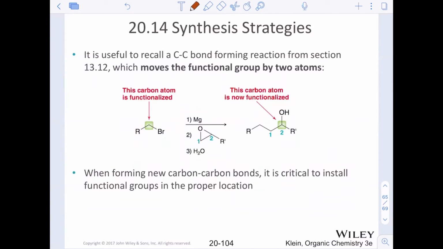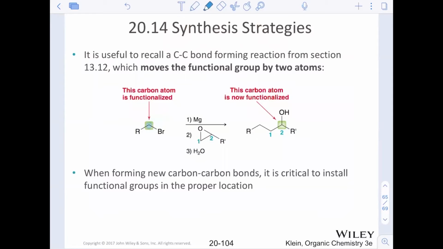All right, it is useful to recall that carbon-carbon bond formation from section 13.12, that was really the Grignard reaction chapter, which we are going to be discussing a little bit more right now with identifying other functional groups. Grignards are really, really important, and we are going to continue looking at Grignards in chapter 21.